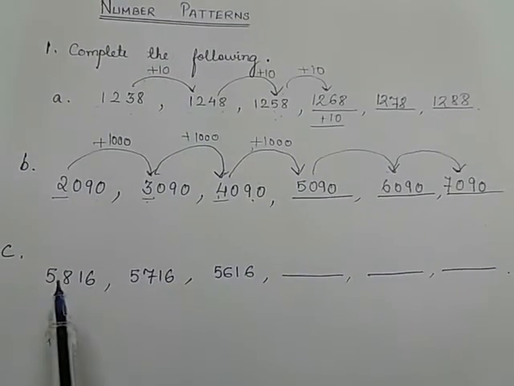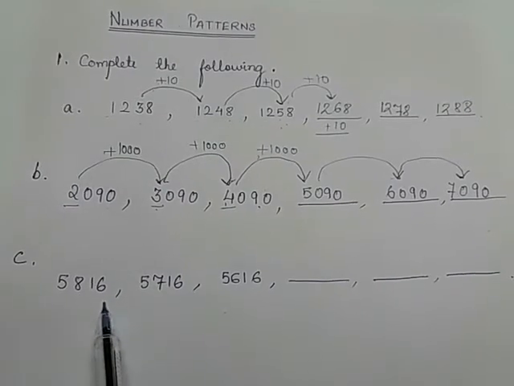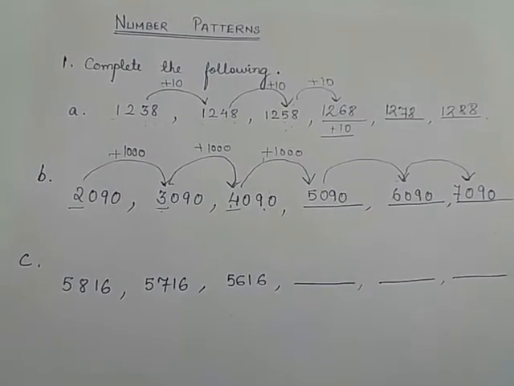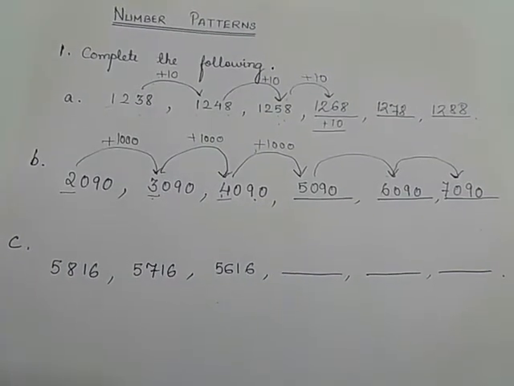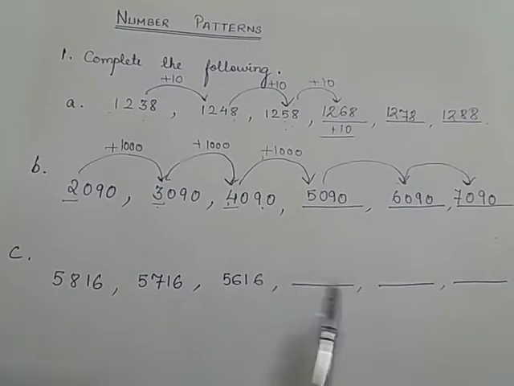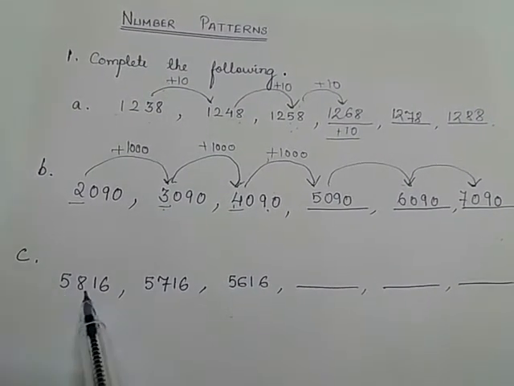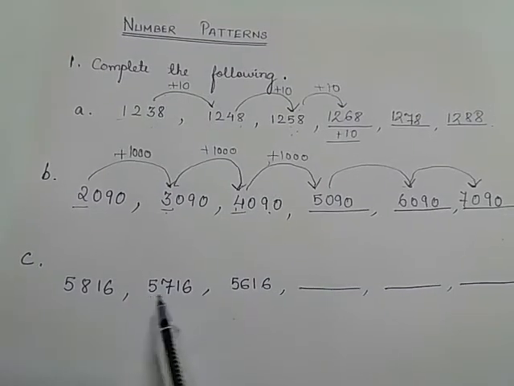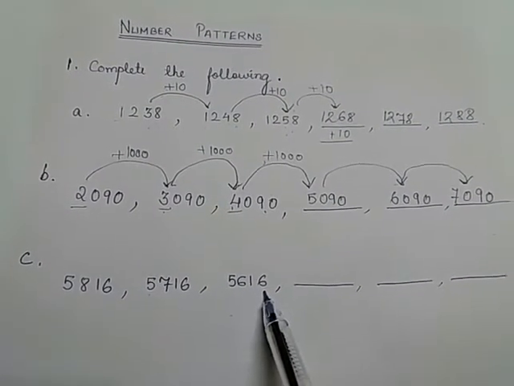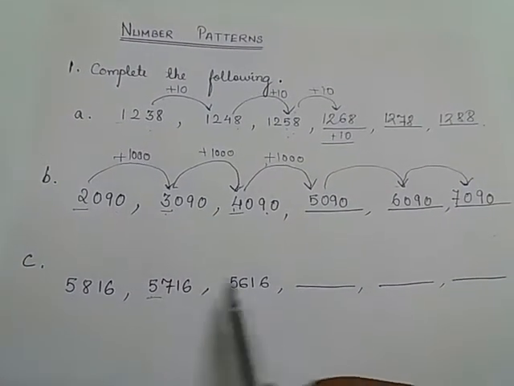Here is the number C. This is 5816, 5716, 5616. Let's try to figure out what exactly the pattern is here. We can see that the 1000 places are all the same.